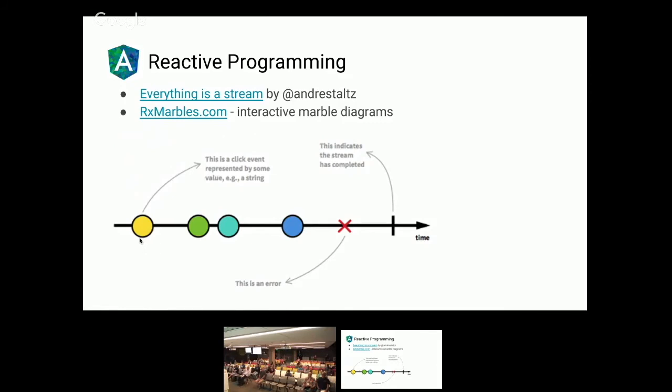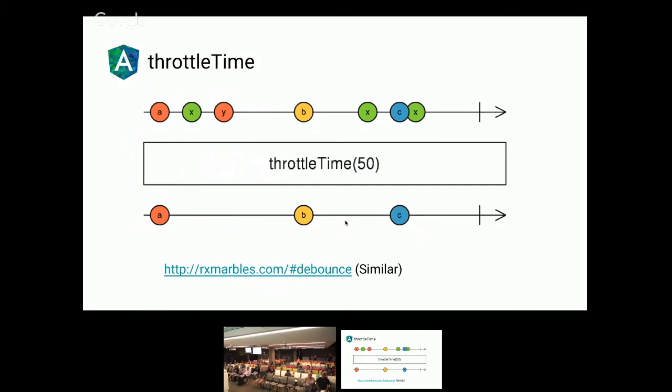For our table, it's a stream of arrays. And it can also be errors. The reason this is useful is because you can take these streams and apply operations to them that change how they behave, sort of like with functional programming, how you compose functions to achieve different behavior. So the behavior we're trying to achieve is we throttle the rate at which events go through.